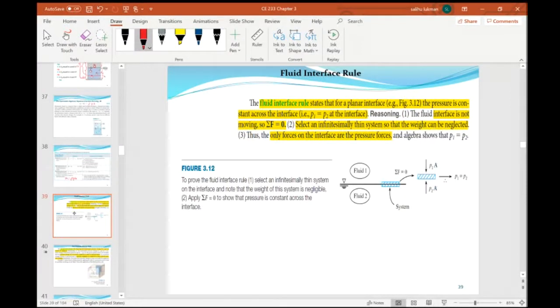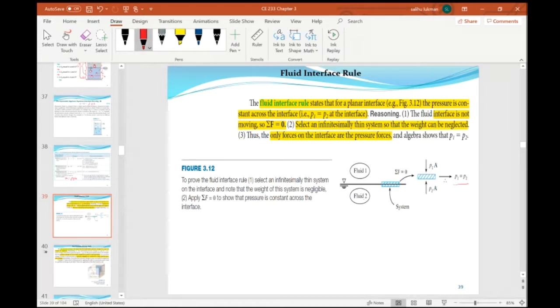At the interface, when you consider equilibrium, you have the pressure force due to fluid 2, which is P2A, and because you are considering the same area, you have P1A. When you look at the equilibrium condition of this fluid element, the two forces have to be equal. So P2A equals P1A, so P1 equals P2. So what we are saying is that the pressure acting at the interface is the same.